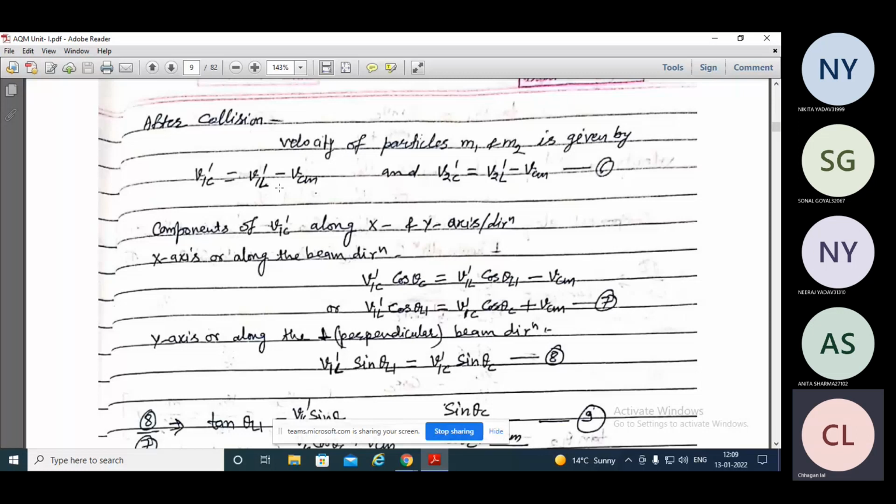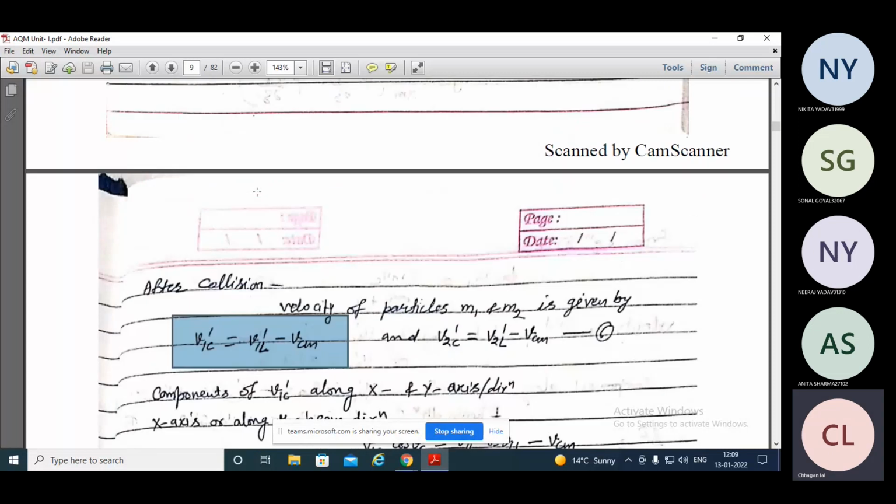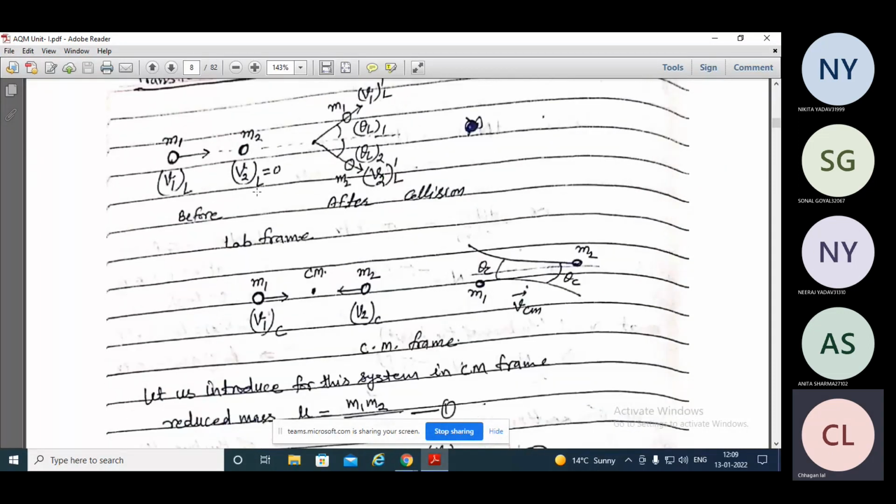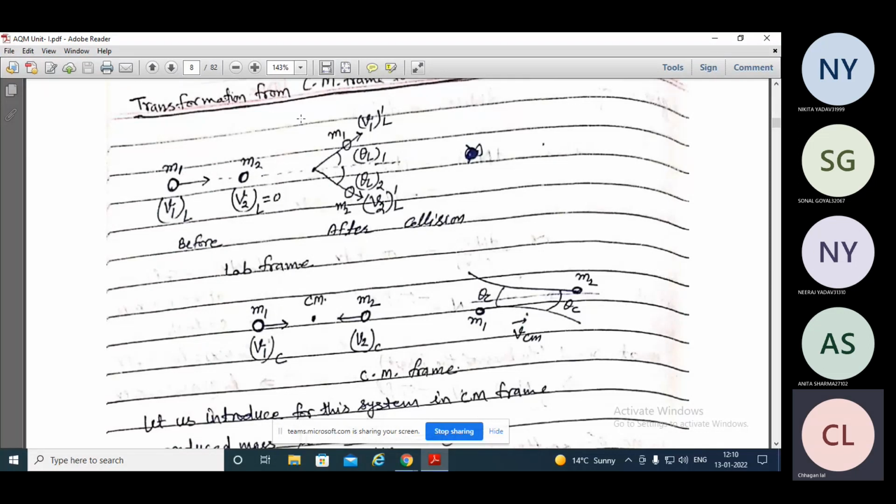To find the solution of these equations, because velocities are vector quantities, and you can see after the scattering both particles are going in a plane, so you can see the picture from here.